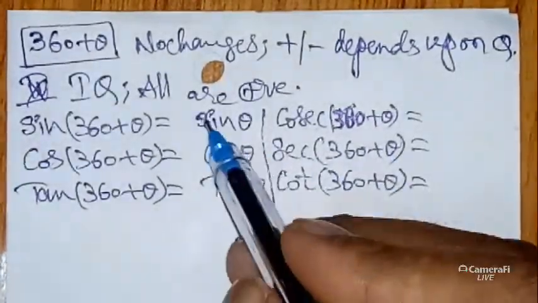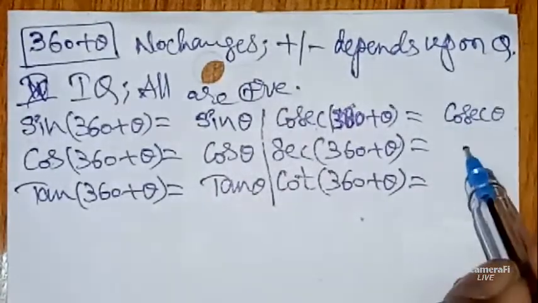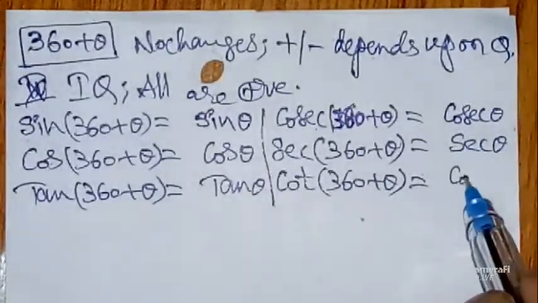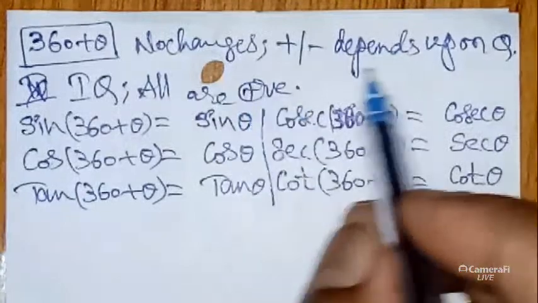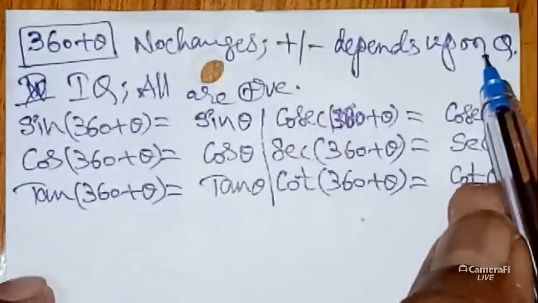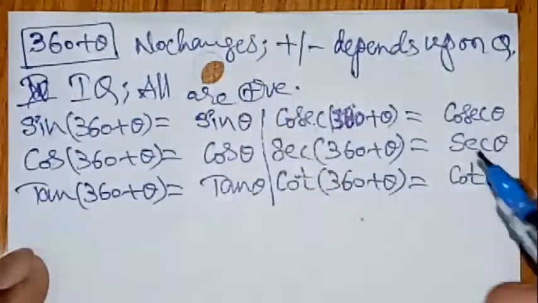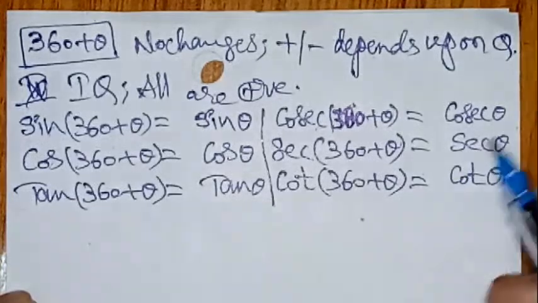So here no changes. Cosecant means you can write cosecant theta. Secant means you can write secant theta. Cot 360 plus theta is cot theta, and plus or minus depends upon their quadrant. In first quadrant all are positive, so no need to write a negative symbol.